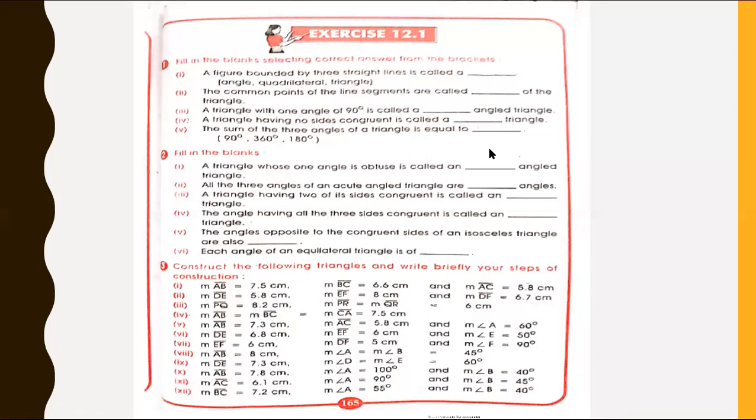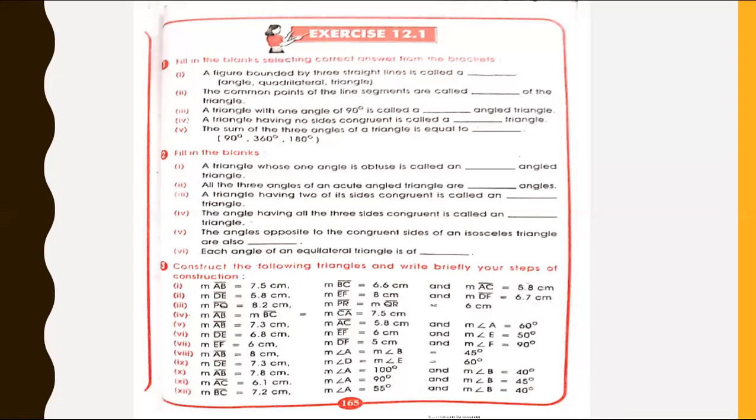Here the talk is about common points, Kainat, so we have to say vertices. Vertex is singular. Okay, vertices. Yes, you all are correct. Yes, Alishba, Halima, Kainat, you all are correct. Now next is a triangle with one angle of 90 degree is called dash.